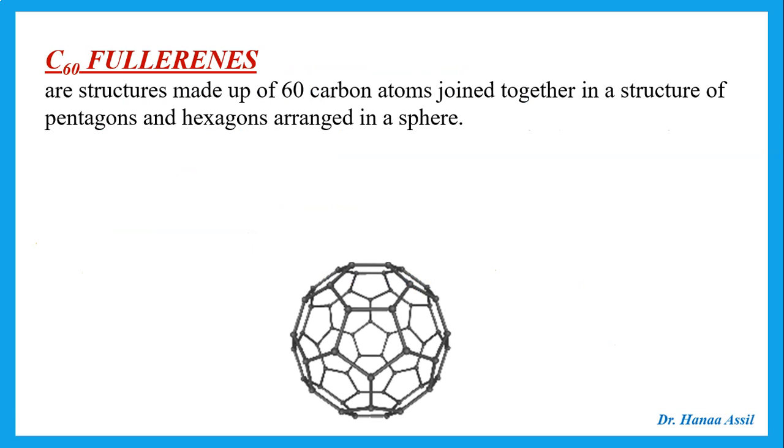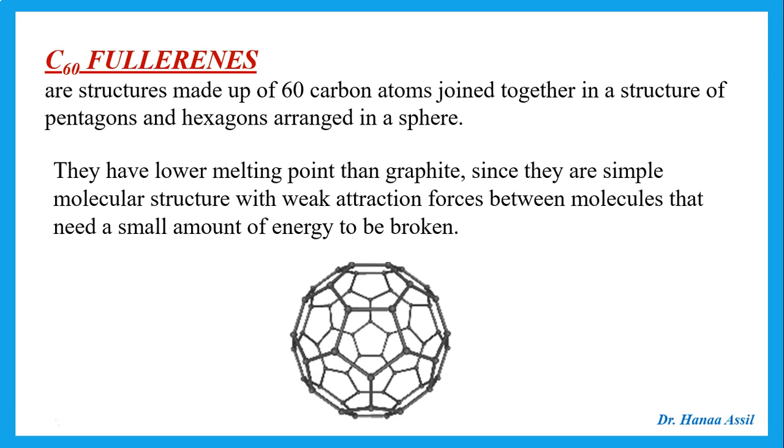Okay, another form of carbon is fullerenes, and fullerenes are made up of 60 carbon atoms joined together in a structure of pentagons and hexagons that is arranged in a sphere. So actually this is just a molecule made of 60 carbon atoms. This is regarded as a simple molecular structure. So this is not a giant structure, and as such they have a lower melting point than graphite.